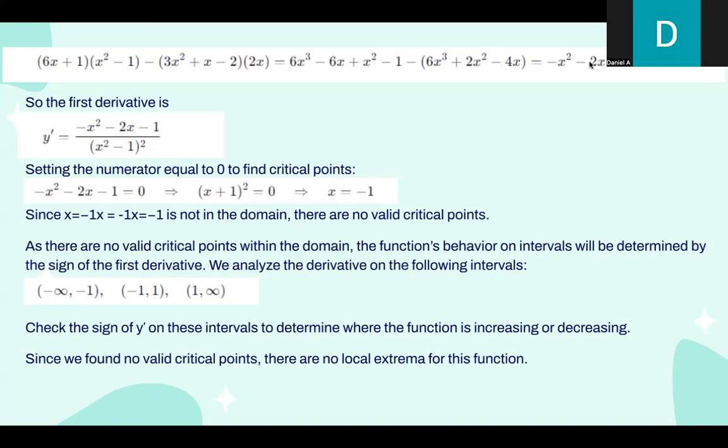So the first derivative is y' = (−x² − 2x − 1)/(x² − 1)².